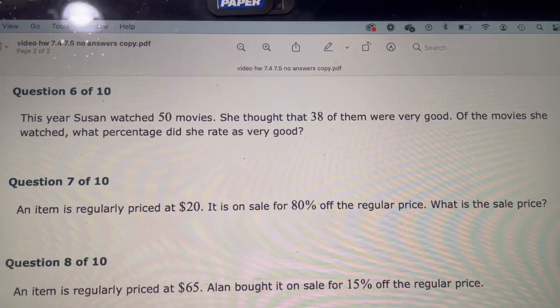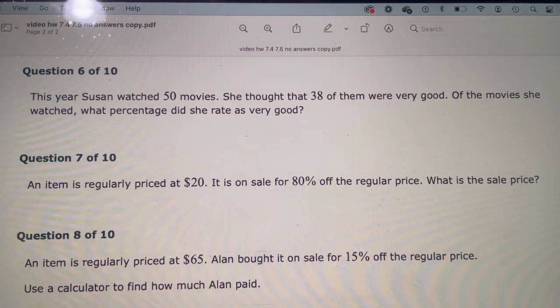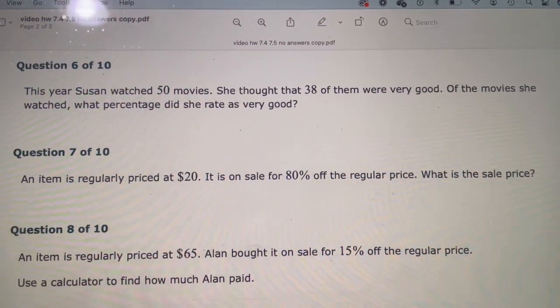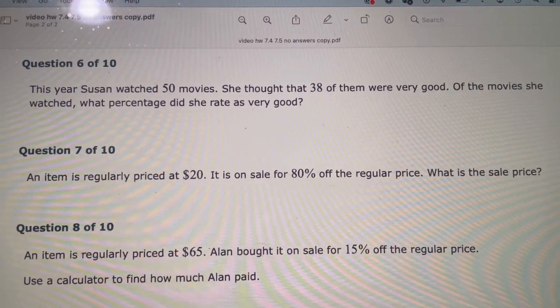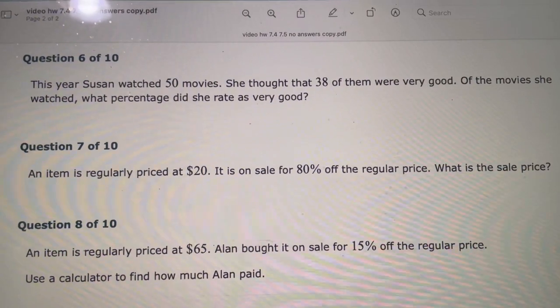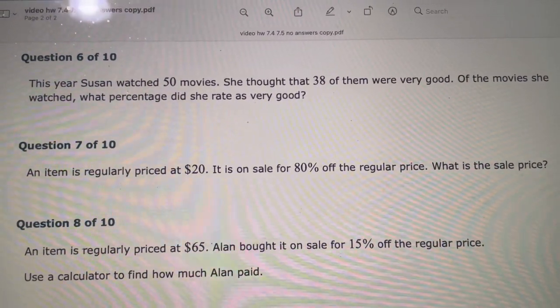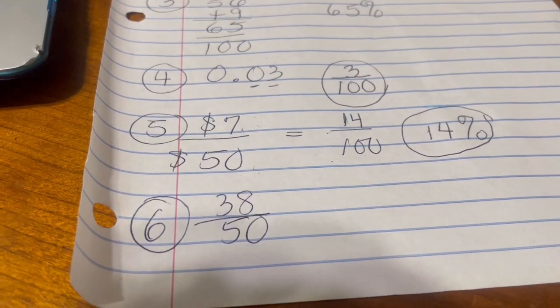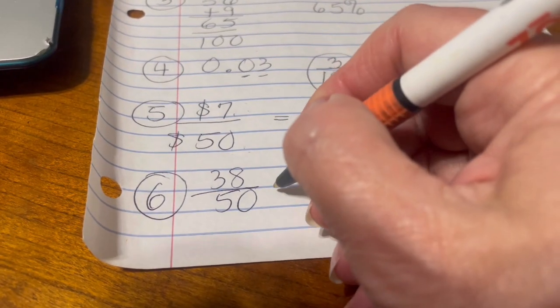6. This year, Susan watched 50 movies. She thought that 38 of them were very good. Of the movies she watched, what percentage did she rate as very good? So we're going to take 38 out of 50 and turn it into a percentage. Okay, so again, 38 out of 50.